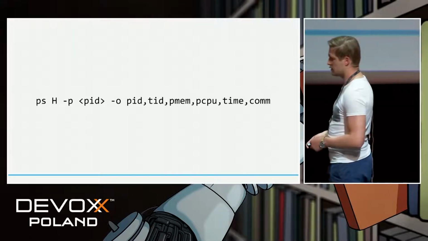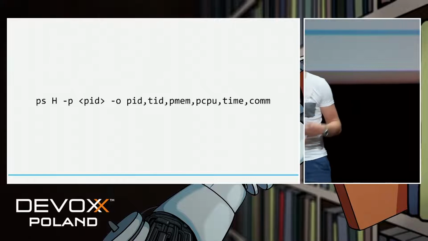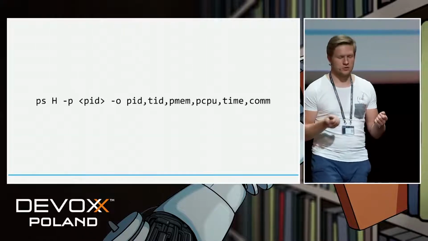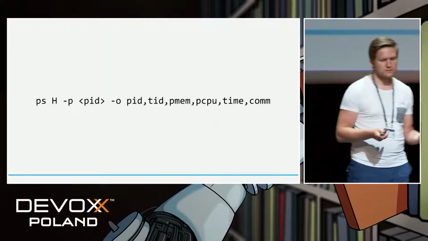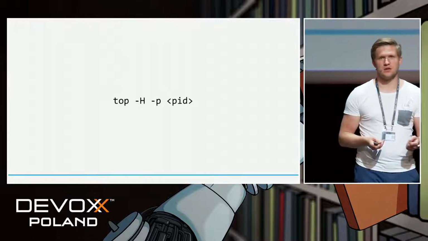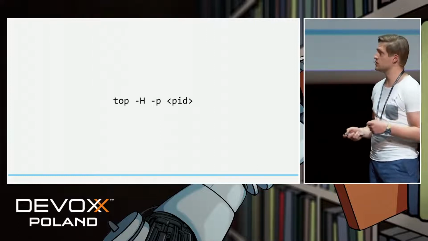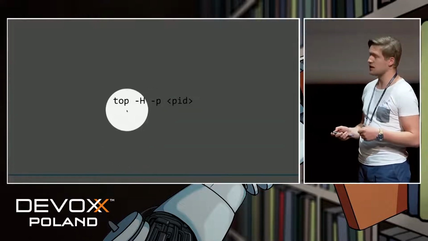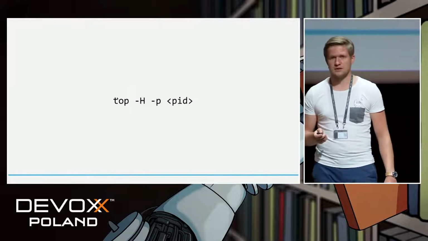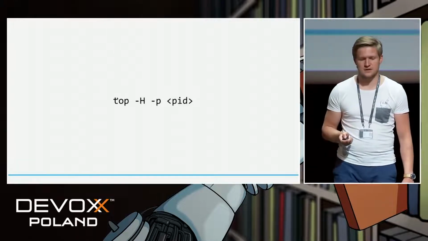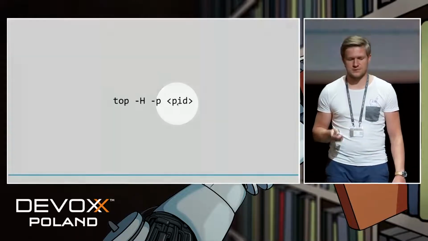It's also possible to take a look at them with higher-level tools like ps. Or if you don't like ps, you can use top, and the threads are still visible. You can do it with the -H argument, and it's going to show all the threads for the given process.